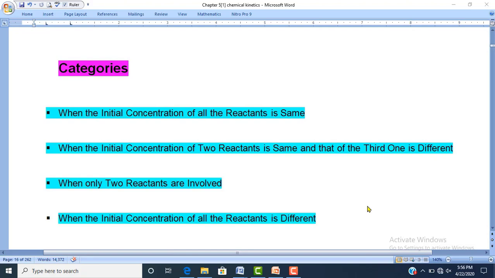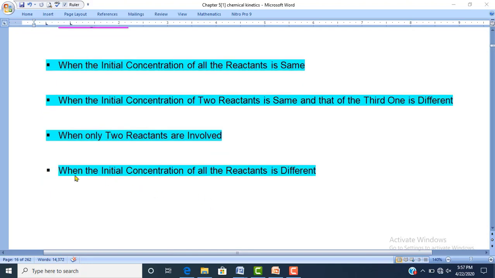Number 1, when the initial concentration of all reactants is the same. Number 2, when the initial concentration of two reactants is the same and that of the third reactant is different. Third option, when only two reactants are involved. And number 3, when the initial concentration of all the reactants is different.